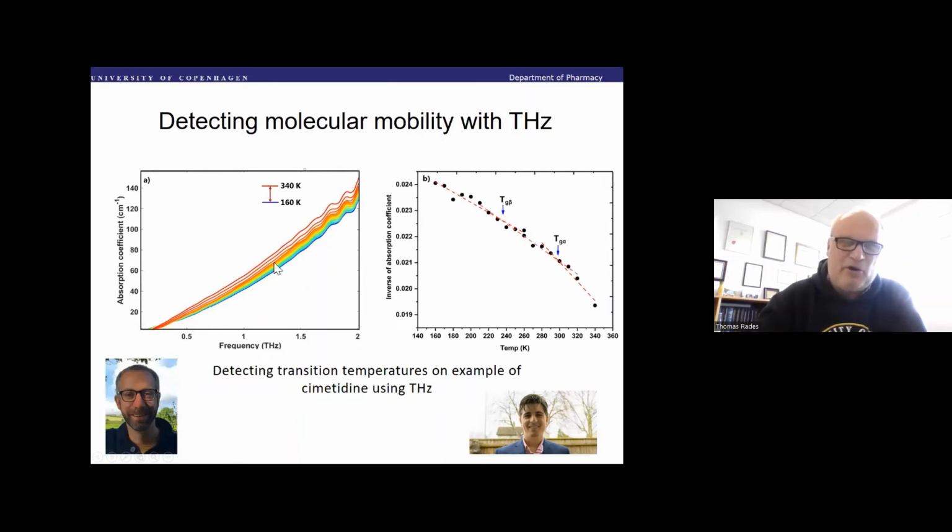This is a very important figure, because if we plot the inverse of the absorption coefficient that we are measuring, for instance at a frequency of 1 Hertz, we see two changes in slope, one here and one here. The lower one coincides with the glass transition temperature, and the other one coincides with the famous beta relaxation. That's a different form of relaxation that we can also determine this way.